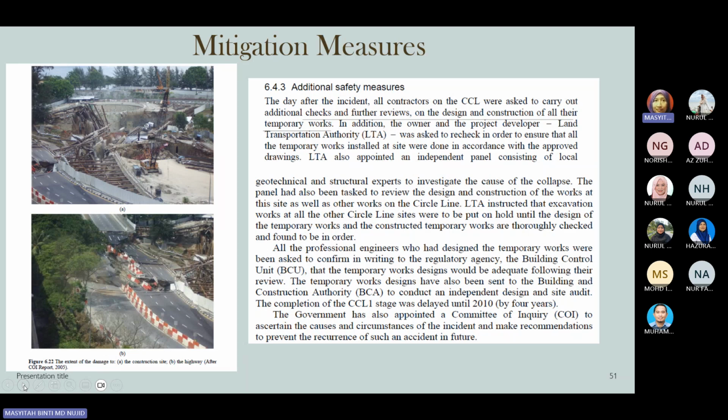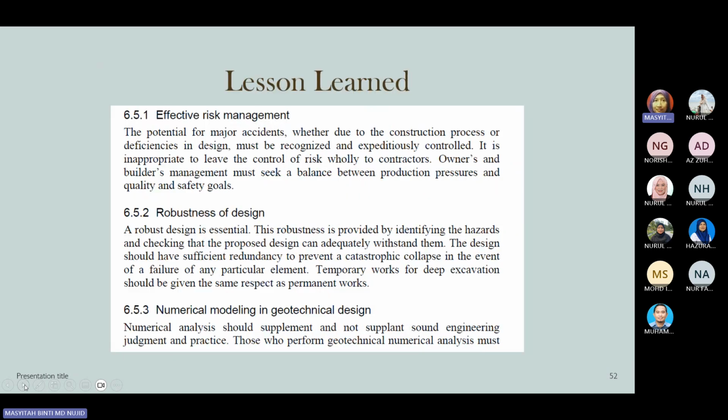What are the additional safety measures? For example, to carry out checks and further reviews on the design and construction of the temporary work, and then check with the land transportation requirements and guidelines, and any other things related to the site construction area.